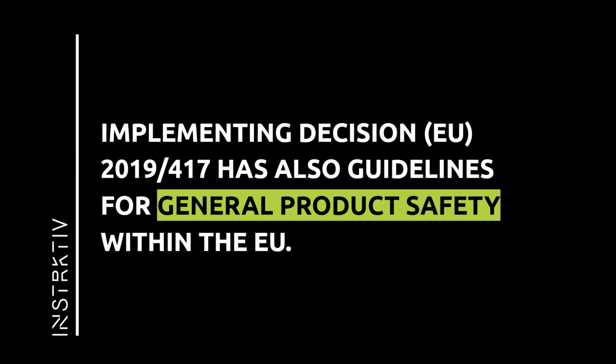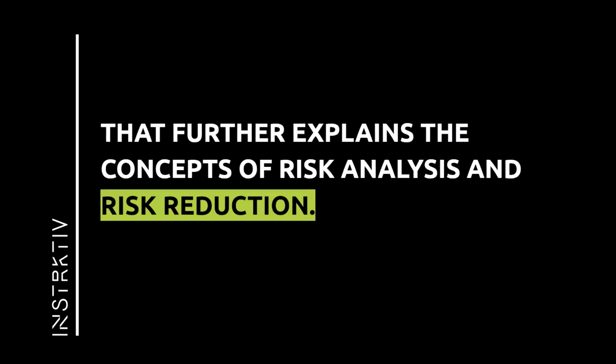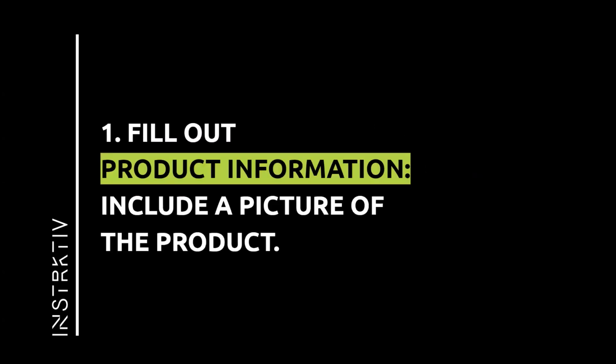The implementing decision is a decision that contains guidelines on general product safety within the EU, and the standard provides guidelines for suppliers, and is basically an international standard that explains the concepts of risk analysis and risk reduction. So a lighter version of the ISO 12100, I would say.